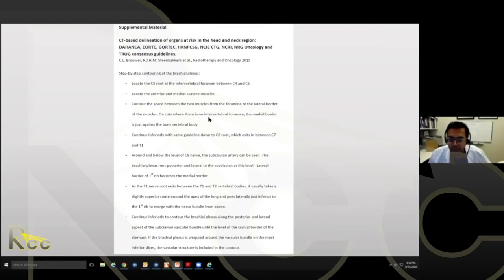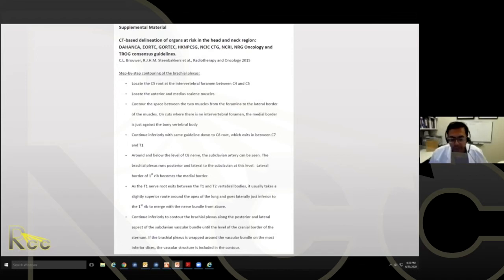And on the cuts where there's no intervertebral foramen, the medial border is just against the bony vertebral body. You continue down the same, all the way down to C8, which of course, as I mentioned, exits inferiorly, between C7 and T1. And then below C8, you start seeing the subclavian artery.